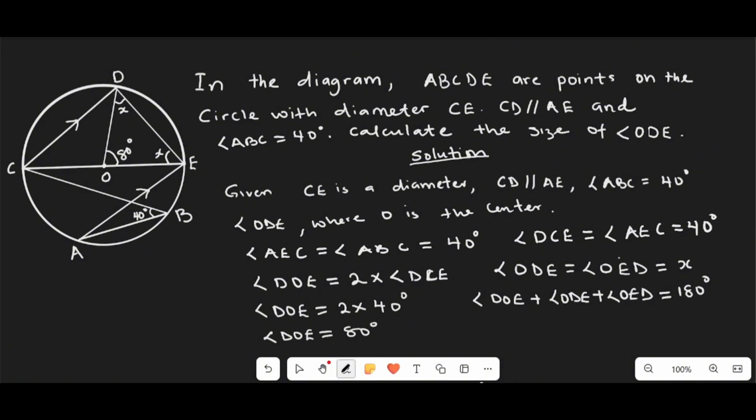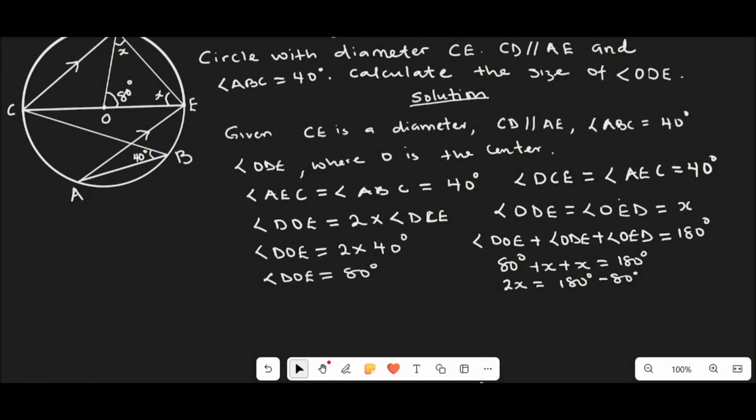So we are going to have 80 degrees plus 2x equal to 180 degrees. 2x equal to 180 degrees minus 80 degrees. 2x equal to 100 degrees.